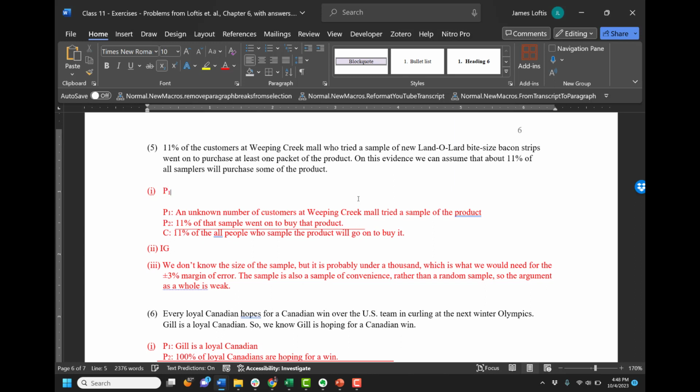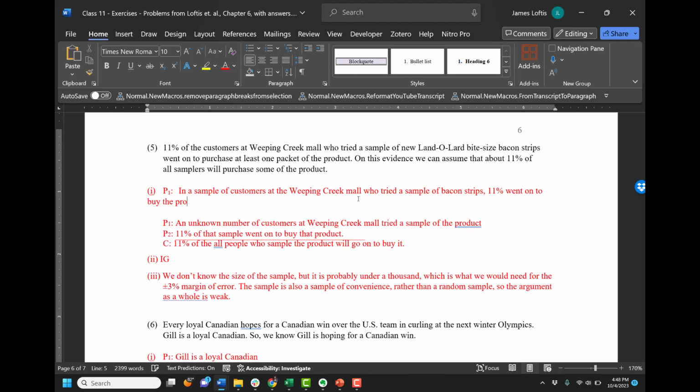So P1: in a sample of customers at the Weeping Creek Mall, in a sample of customers who tried a sample of a product, bacon strips, 11% went on to buy the product.